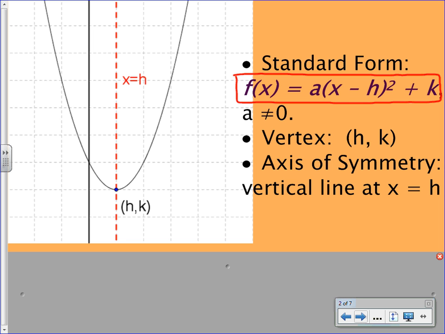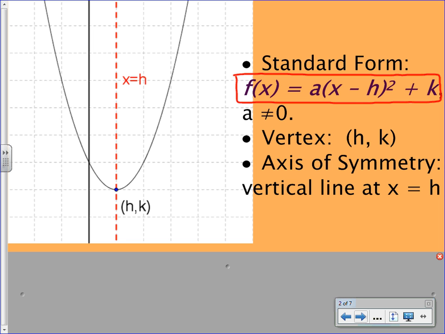A times the quantity x minus h squared plus k. Why did you call this vertex form? If we look at this equation, first of all, A tells us if we stretch or shrink vertically. H tells us we move which way.